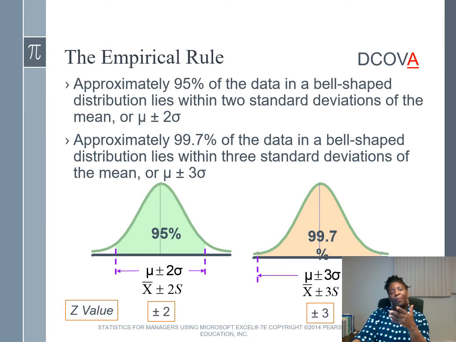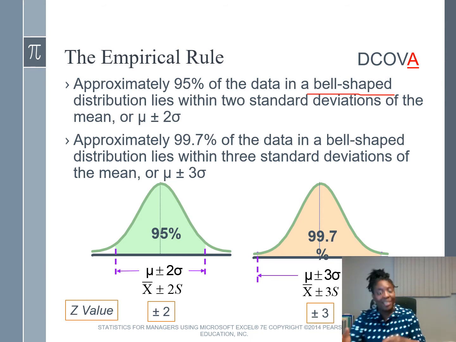Let's extend the empirical rule. Approximately 95% of data in a bell-shaped distribution lies within 2 standard deviations of the mean. If you haven't caught on, bell-shaped is another name for normal distribution. So 95% of data will lie within 2 standard deviations, and extending that, 99.7% of data will lie within 3 standard deviations.